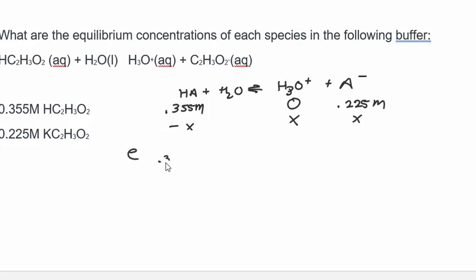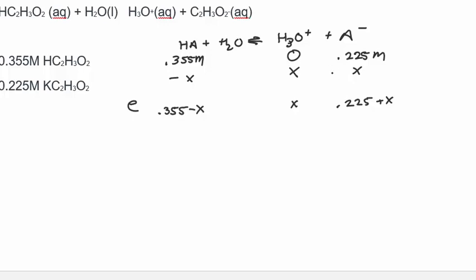So now we need to find the Ka. The Ka of this is 1.8 times 10 to the negative 5, and that's going to be equal to the concentration of my hydronium ion times the concentration of my conjugate base over the concentration of my weak acid.